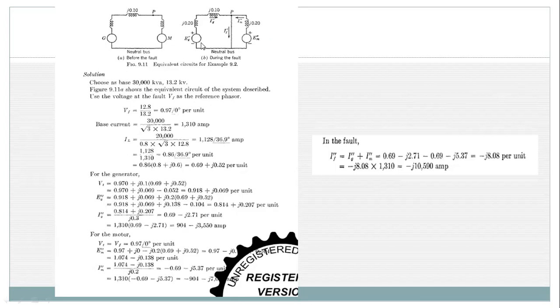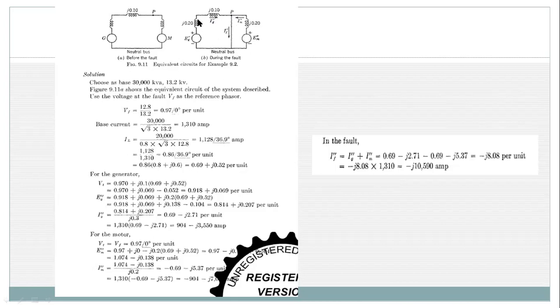Now, just look at figure B. Whenever a three-phase short circuit fault occurs at the motor terminal, that is at point P, then whenever we want to calculate the short circuit current which flows from the generator, the current passes through two reactances. Number of reactances is 2. First, j0.2, this is the internal reactance of the generator. Next, the external branch reactance j0.1.